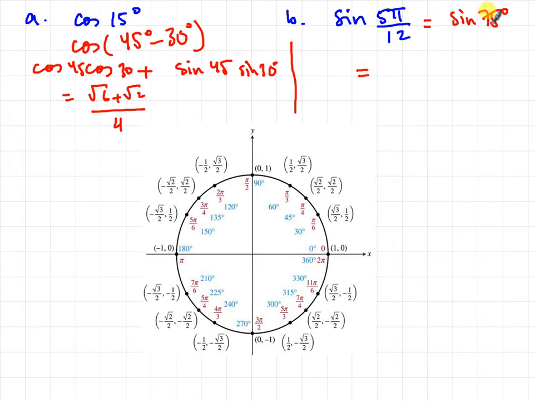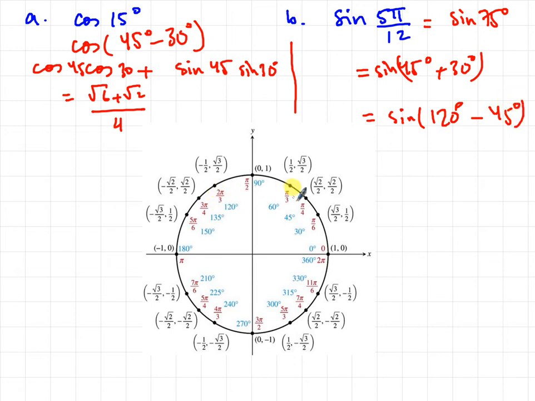And now think of 75. How can you rewrite it in terms of two angles, sum or difference? We can say 75 is 45 plus 30. Or here's sine. We can write as sine of difference of two angles, 120 minus 45.